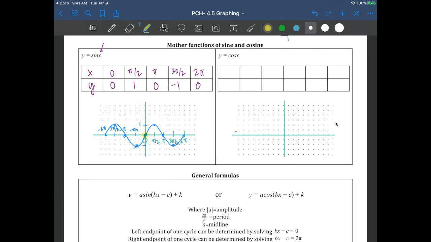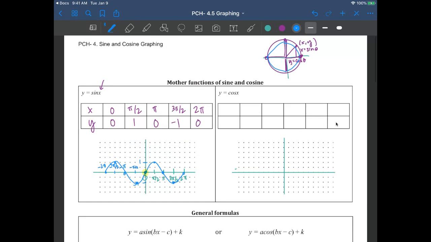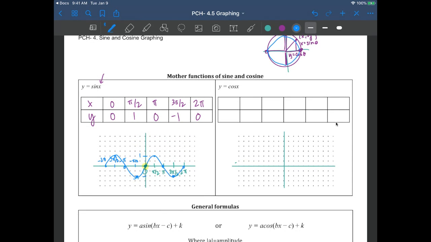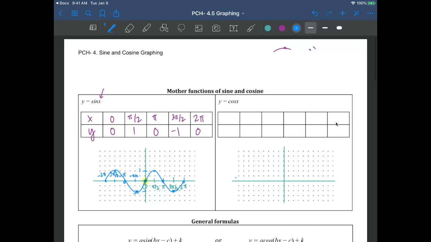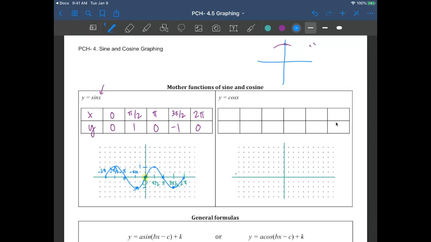Cosine is the horizontal distance, so that's our x values. If I have my circle centered at 0, my radius is 1, so I'm 1 unit from center.